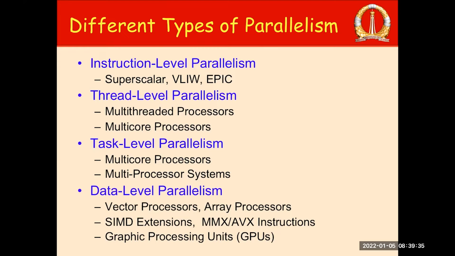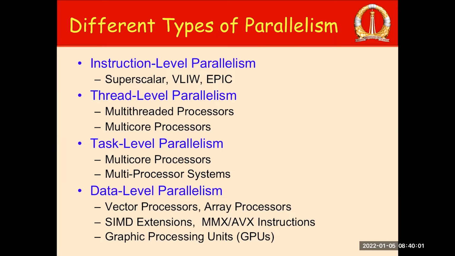For example, x86 processors support what are called AVX instructions, advanced vector extensions, or the older Intel processors used to support the multimedia extension instructions, MMX instructions. These are different forms of data level parallelism where multiple operations are performed on different data items together.